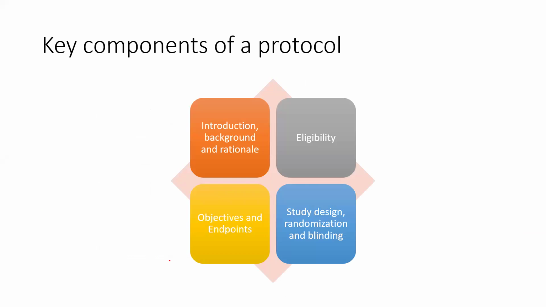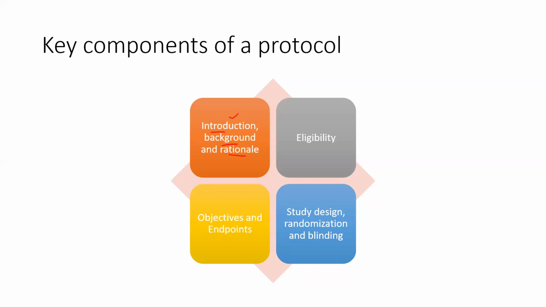Okay, now we will study each section in detail, right? Key components of the protocol: introduction, background, and rationale. If you have already done some project in your master's, you always start by introducing. Say you wanted to do research on some vaccine, you introduce that. What is the disease burden?